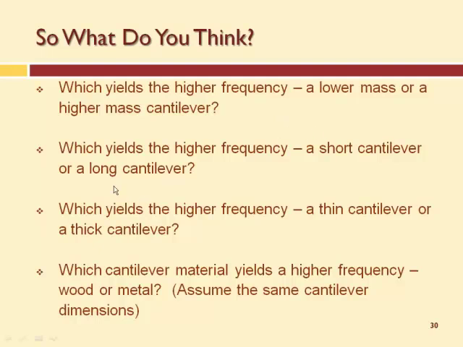The L was in the denominator for K. If L gets longer, K will get smaller. K gets smaller, the frequency goes down. So a short one will give you a higher frequency. And we kind of know that from experience, if you think about it.